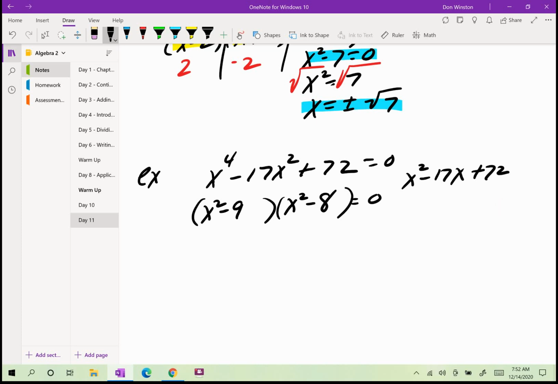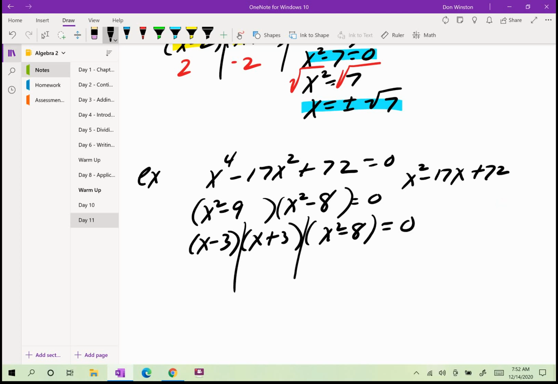And then I factor x squared minus 9 as a difference of squares. So here are my zeros. For my difference of squares, they would be 3 and negative 3, but I have to solve for x to find the other zeros.